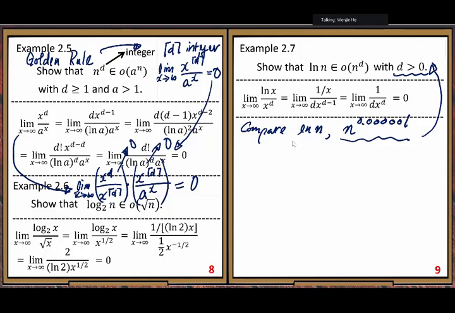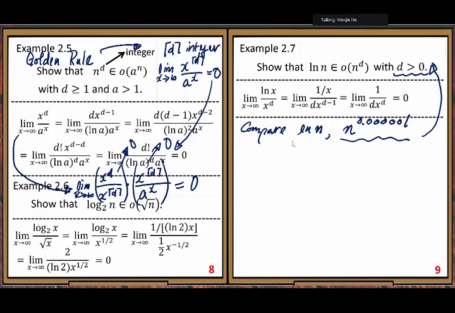We only want to look at the behavior when n is very large. So you can apply this result here. That is one example.